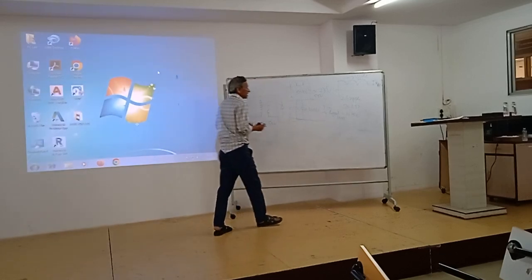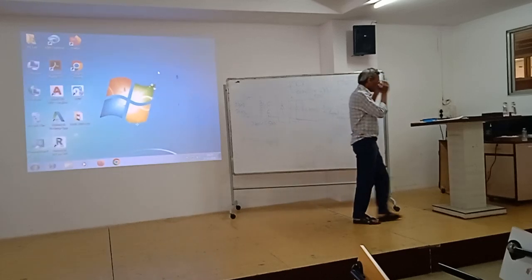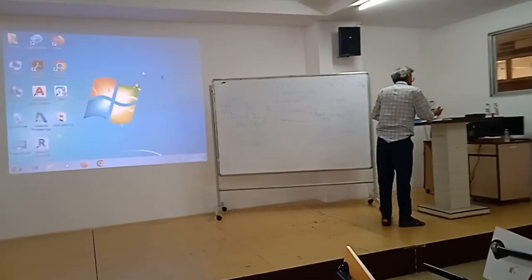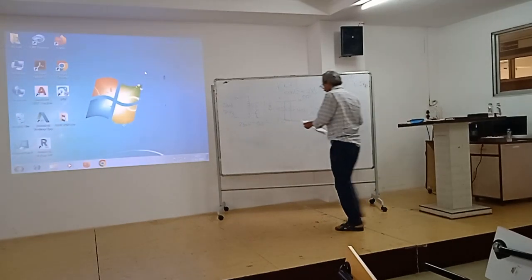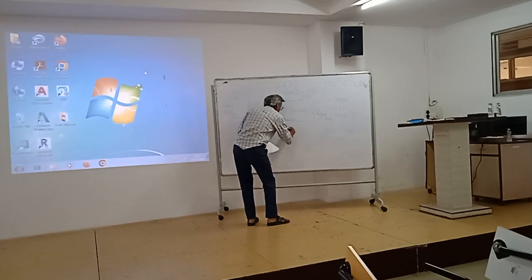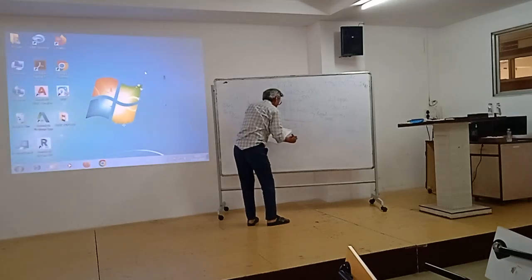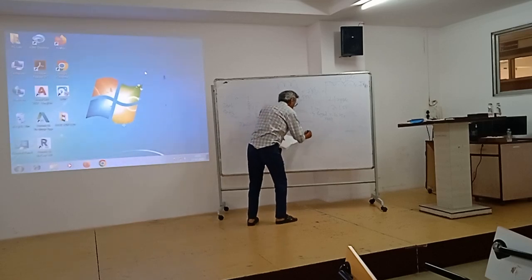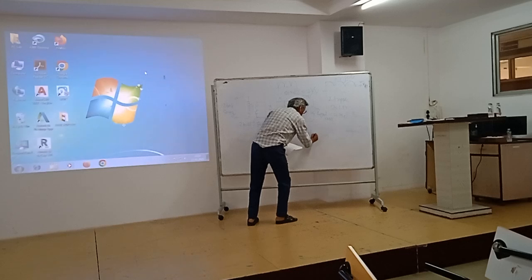Now the equation for ripple is, I will write down C equal to I by 2 into F into V peak to peak ripple.